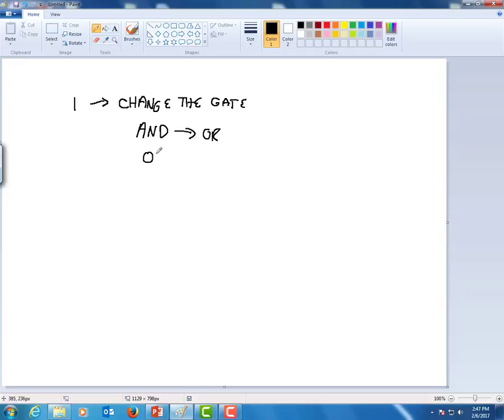Or if it's an OR gate, you're going to change it to an AND gate. Get it? That's the first thing. Second, you're going to invert the output.